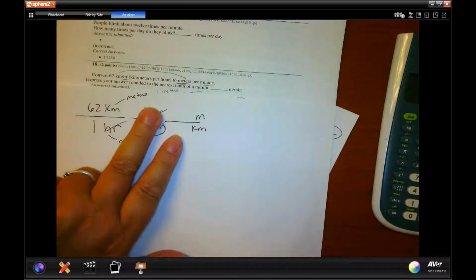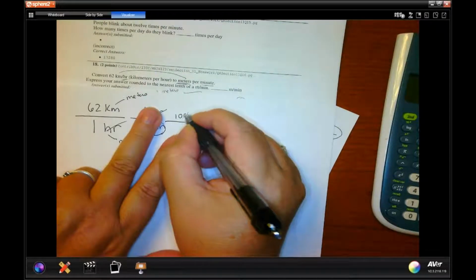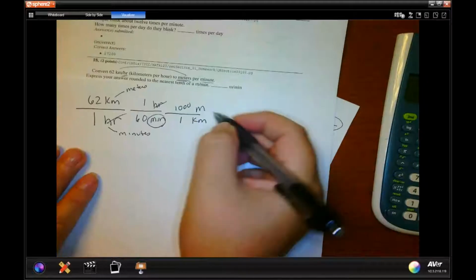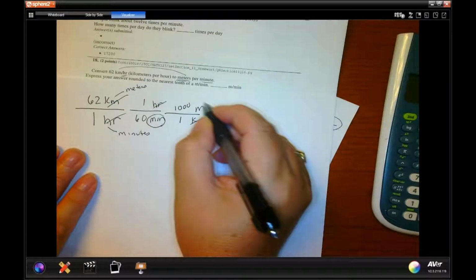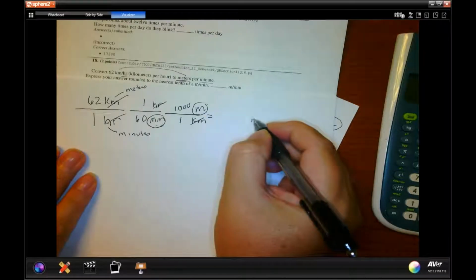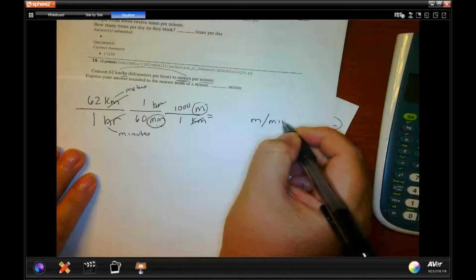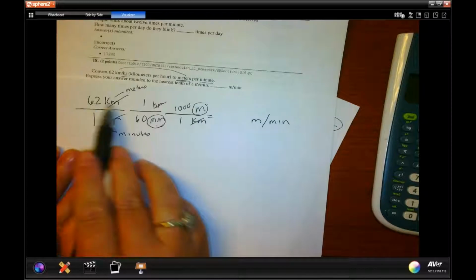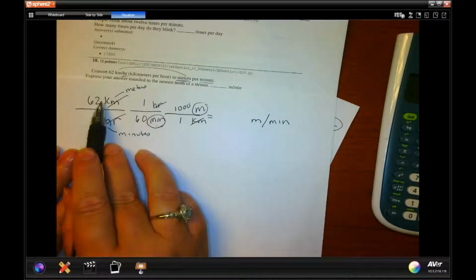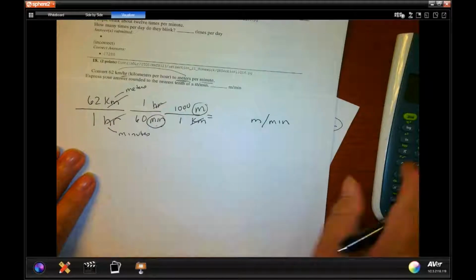It takes 1,000 meters to make 1 kilometer. Okay, that would cancel that. Now I've got what I need, meters per minute. And you're ready. 62 times 1,000 divided by 60. Order doesn't matter. You could divide first and then multiply.